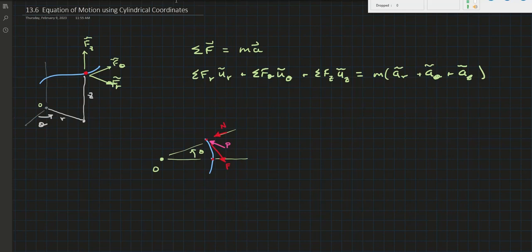Well, one way we can deal with that problem is we can define, extend this out, and this is our tangent line. So let's write tangent.